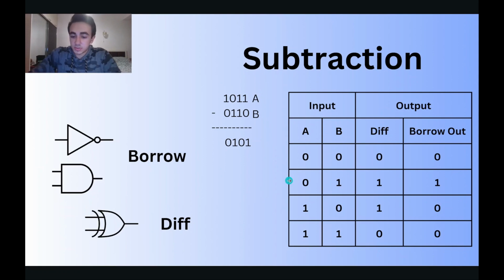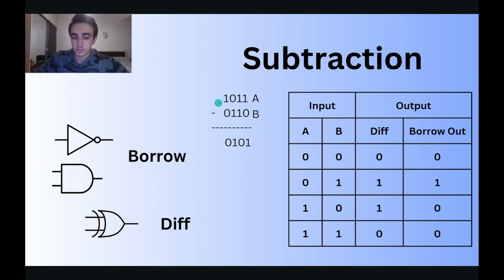So when we can't subtract 1 from 0, we take, for example, in this case, let's proceed here, and in the third column, the 1 can be subtracted from 0.